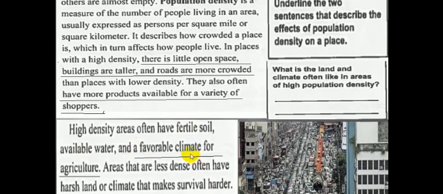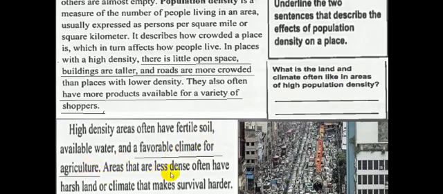So when I ask you guys, what is the land and climate often like in areas of high population density? The land should have fertile soil, and the climate should be favorable for the people and for agriculture.